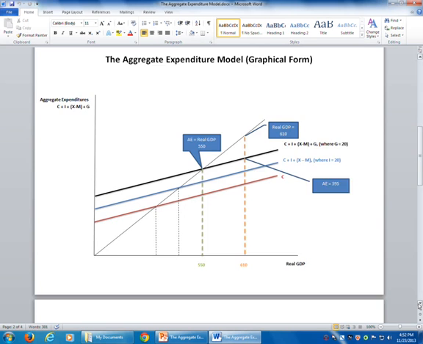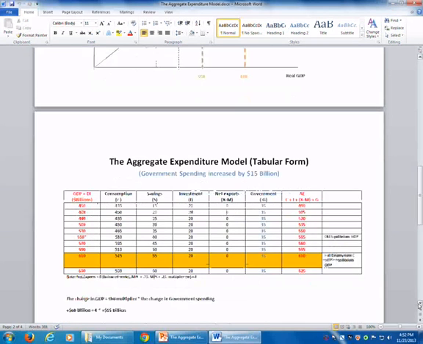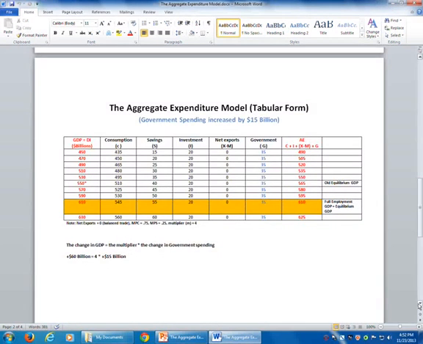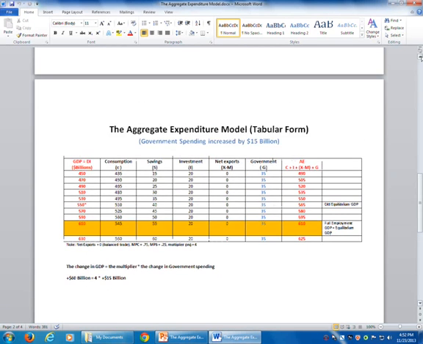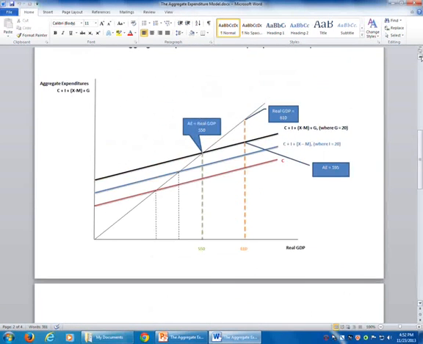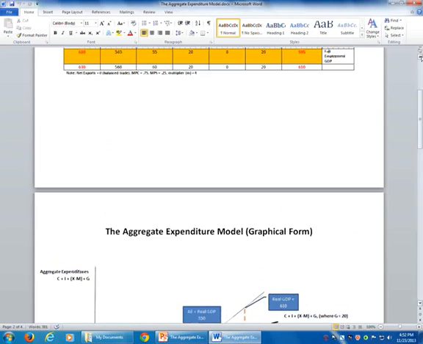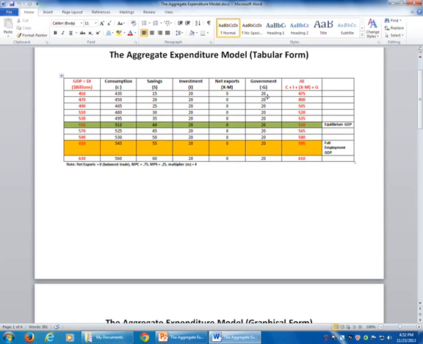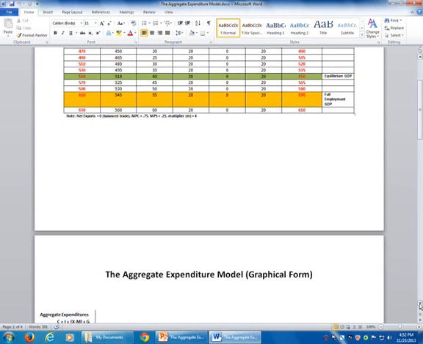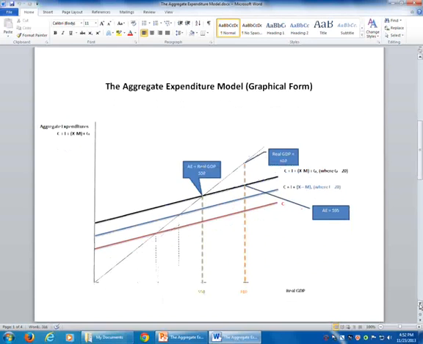Now, to try and accomplish that, what I've done is I went back to our tabular model, and now I've increased the level of government spending by 15 billion. Because if you recall, in the first table, the level of government spending was set at 20 billion, and so now I've increased it everywhere to 35 billion.